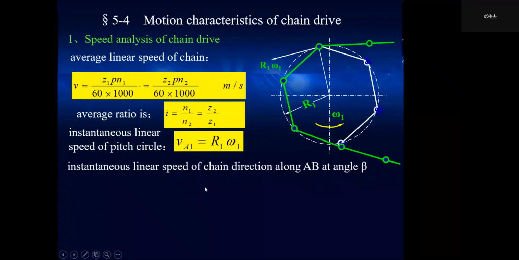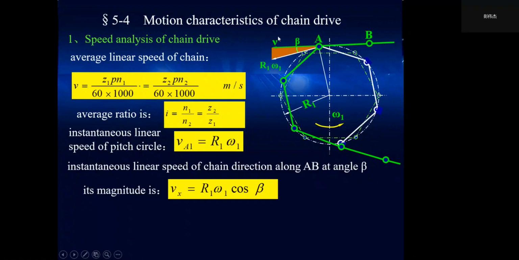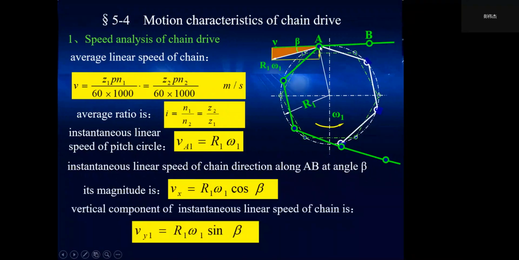And then this instantaneous linear speed changes direction along AB like this.